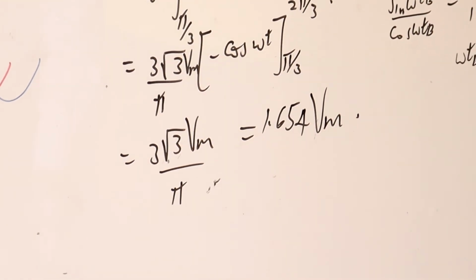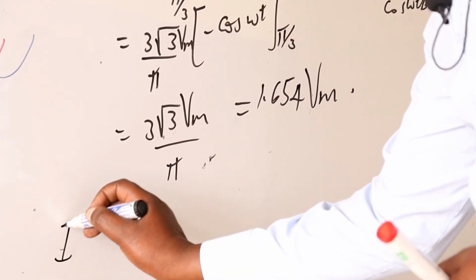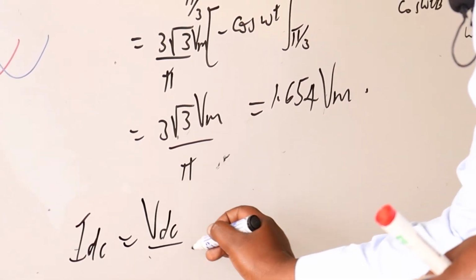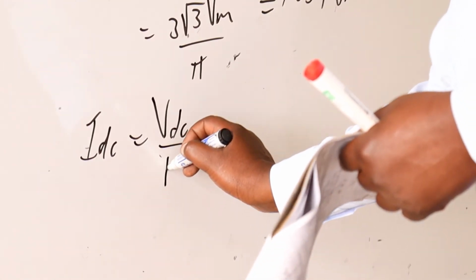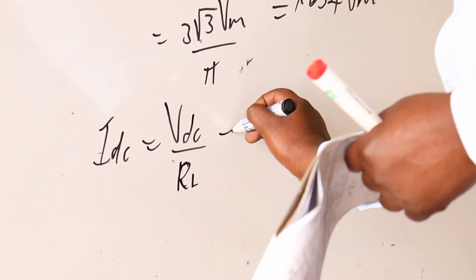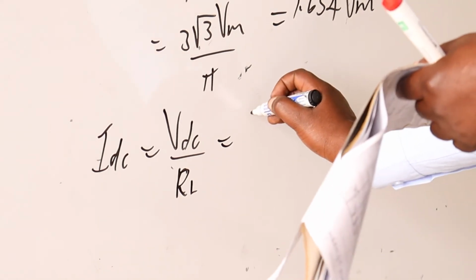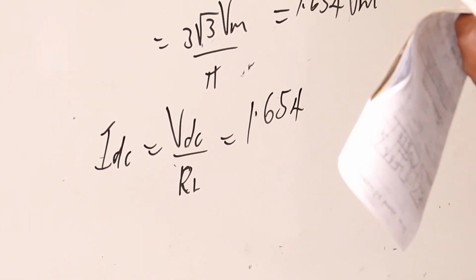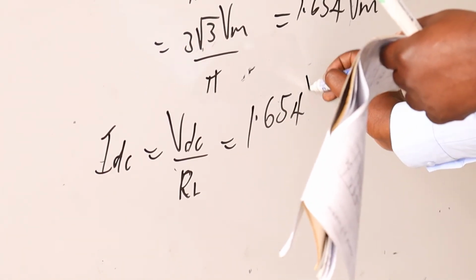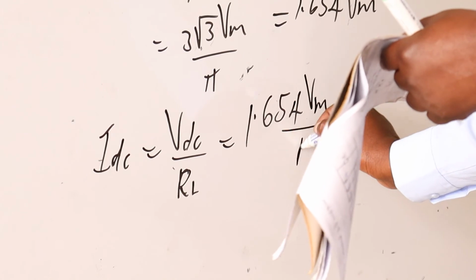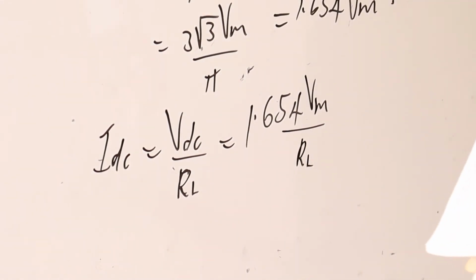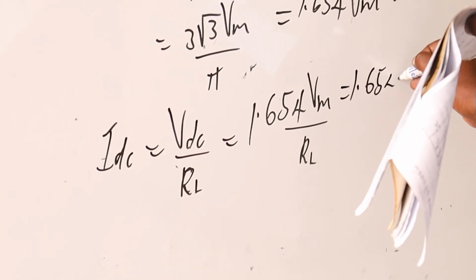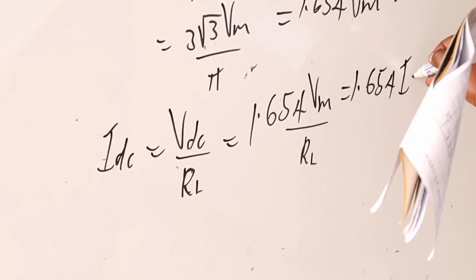You can get IDC. It will be VDC over RL. It is 1.654 of Vm all over RL, which can give you 1.654 Im.